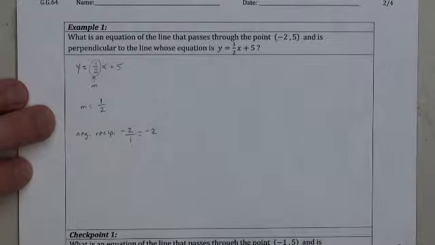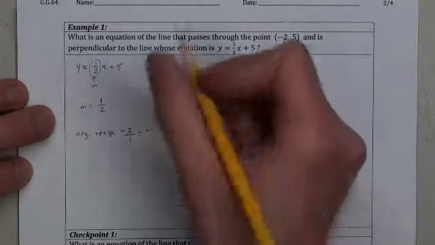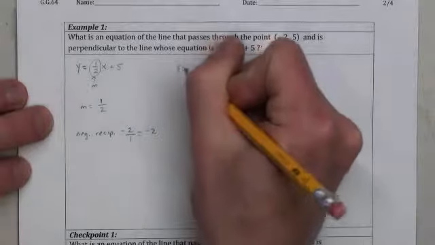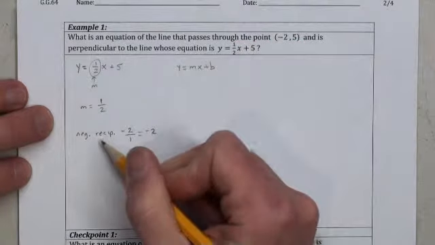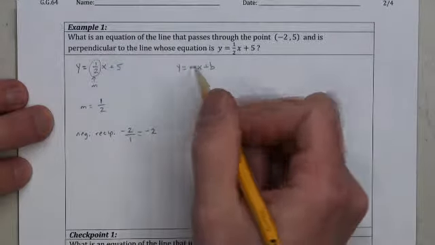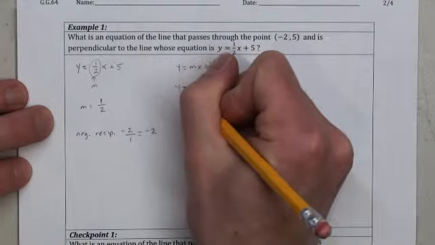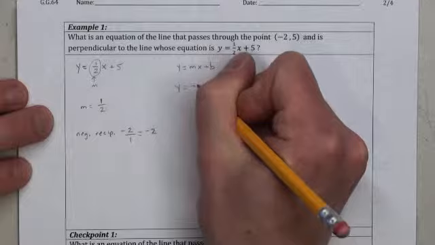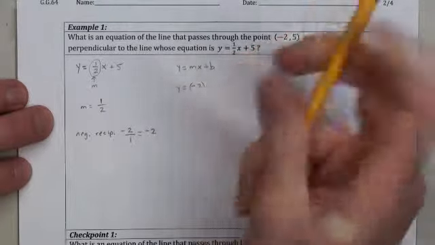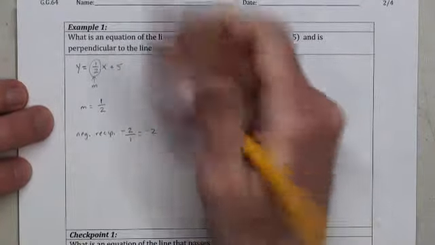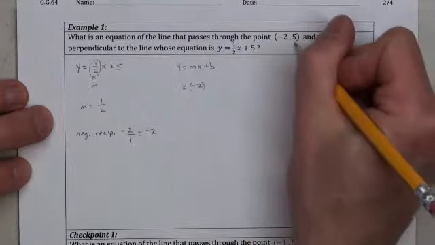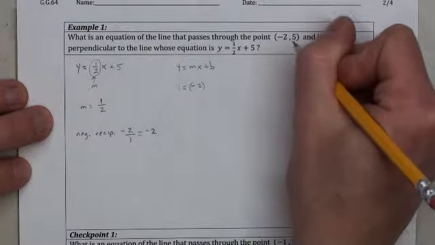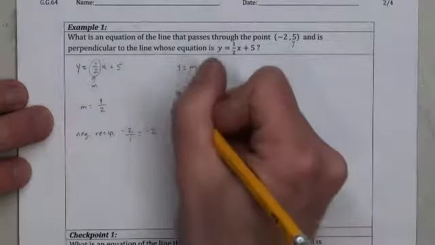Now, the next step is we're going to solve the equation y equals mx plus b, and we're going to plug in this negative reciprocal that we just got for m. So y equals -2, and in fact I'm not writing down y because for y I'm plugging in my y coordinate of the point that they give me in the problem.